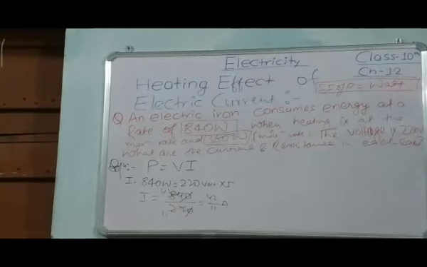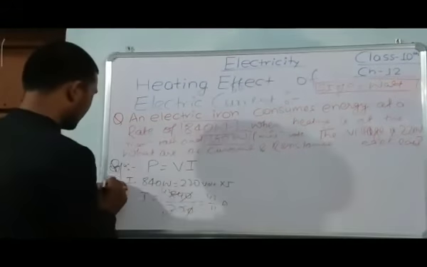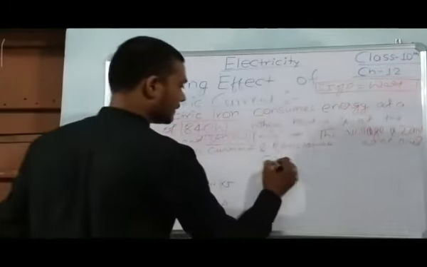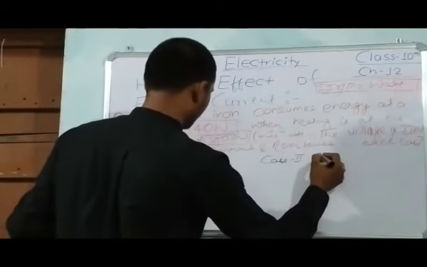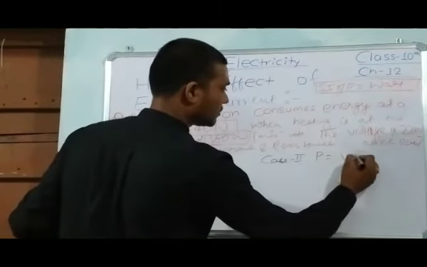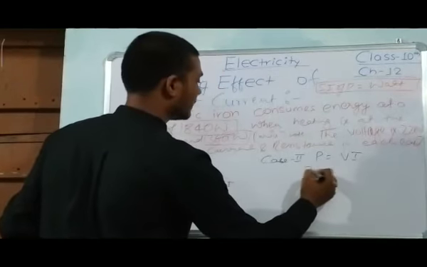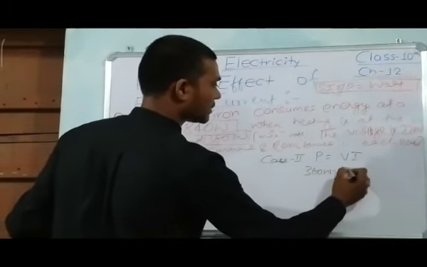In case 2, we have power equal to V into I. Power is 360 watt and potential difference is the same.